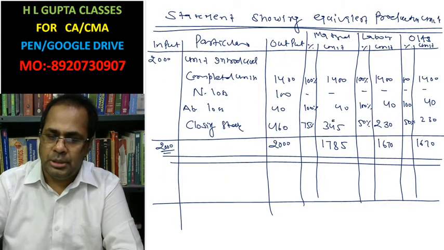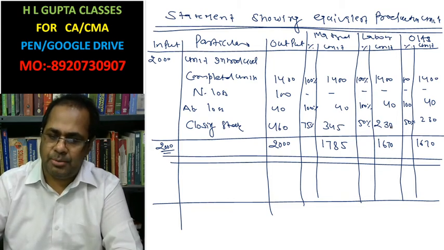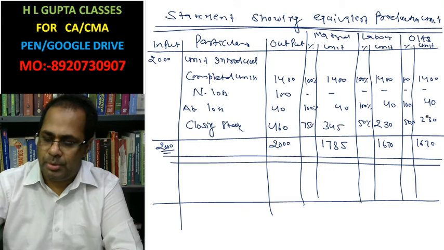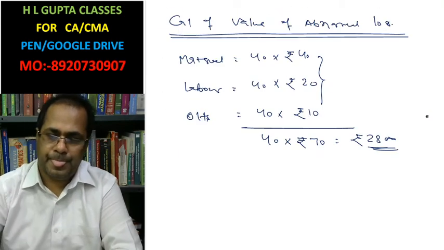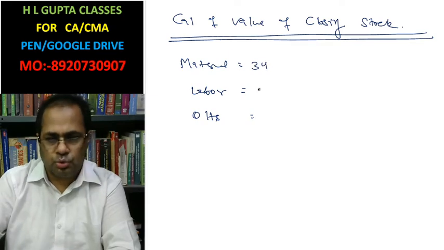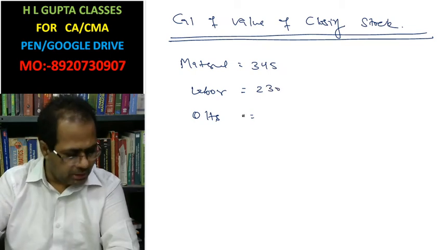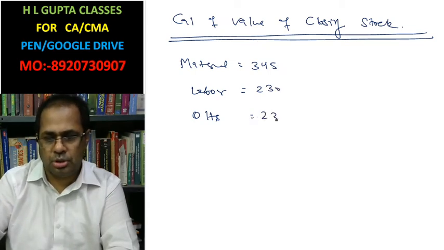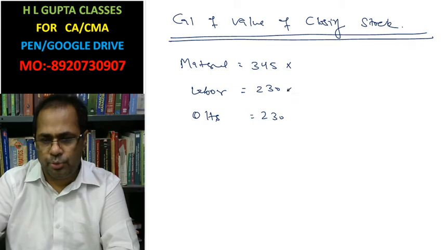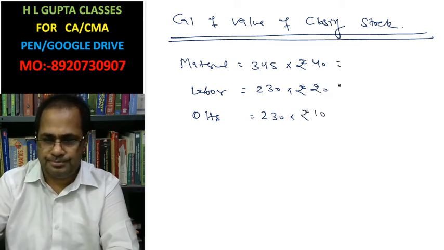Closing stock: 345 in material, 230 in labor, 230 in overheads, into rupees 40, rupees 20, rupees 10.